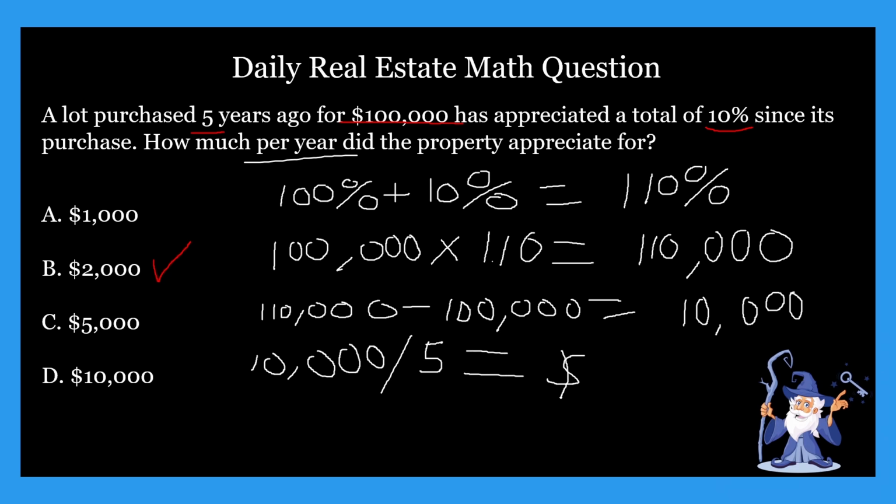We're going to be getting $2,000, which means we got our answer, and that is how much per year the property appreciated for in terms of a dollar value. It appreciated $2,000 every year, which is pretty good. But yeah, so that is a full-blown appreciation problem.